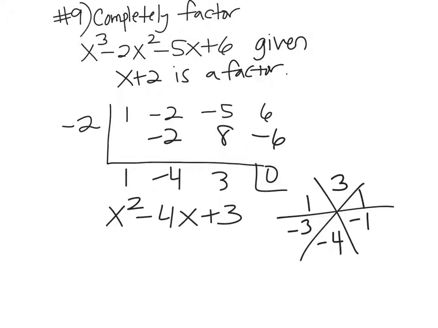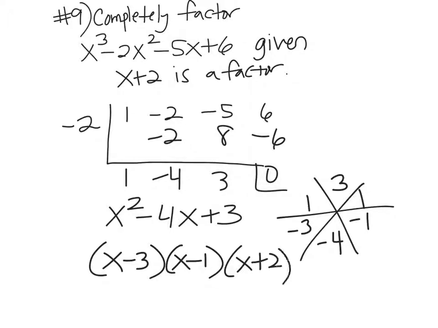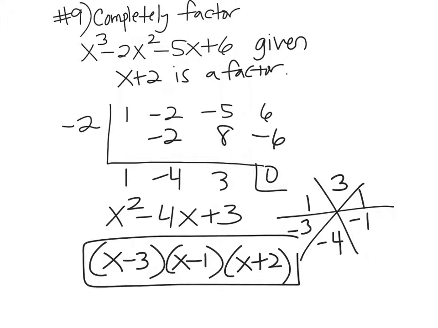So this polynomial factors as x minus 3, x minus 1, but then don't forget, go back up here and put the one that they give you next to it. This is completely factored. And then we could even say what the zeros are. The zeros are 3, 1, and negative 2. We could even graph that if we wanted to, but we don't.